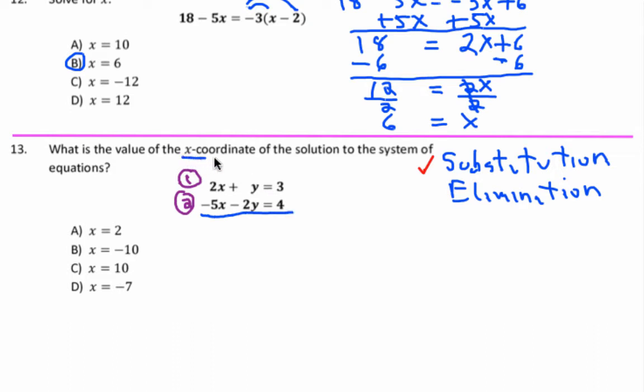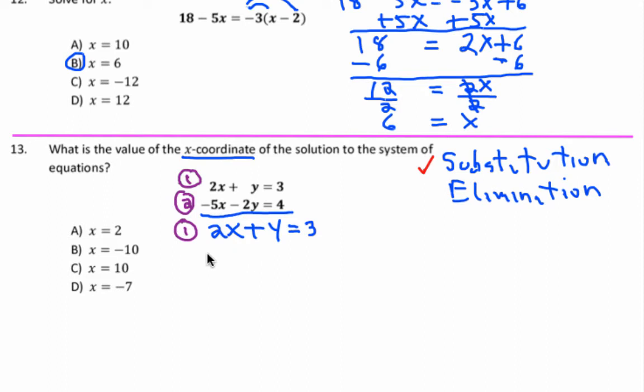X is the variable for which they asked me to solve. I'm going to repeat equation number 1 here because I'm now going to perform some algebraic manipulations. I will write it here, 2x plus y equals 3, and I'm going to solve for y. It's very easy to solve for y here because it's 1y.